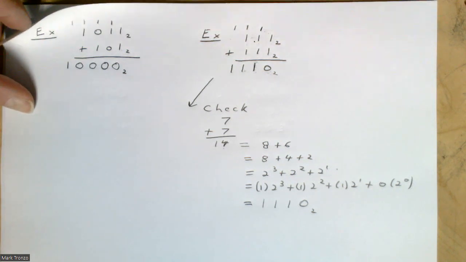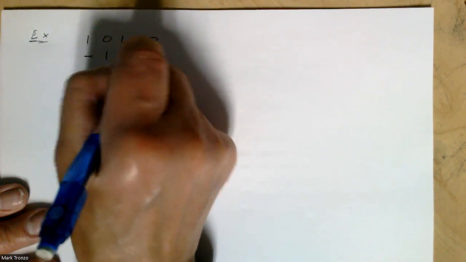So what about subtraction? How do we handle that? Suppose we have an example like this. A 1, 0, 1, 0, 0 minus 1, 1, 0, 1.